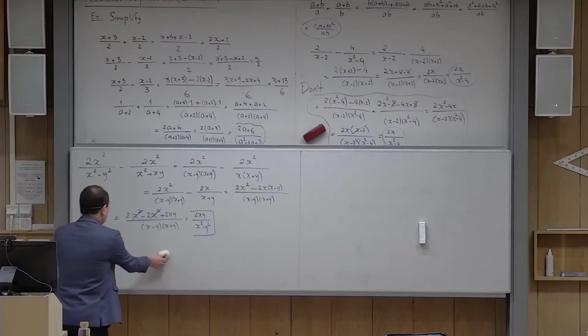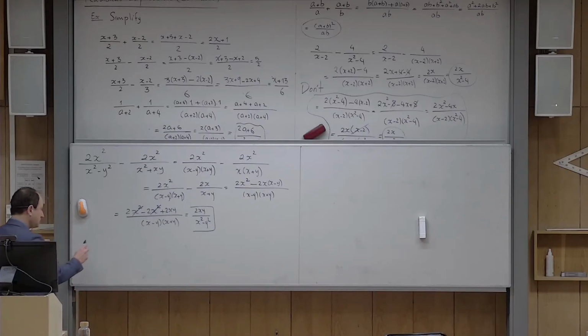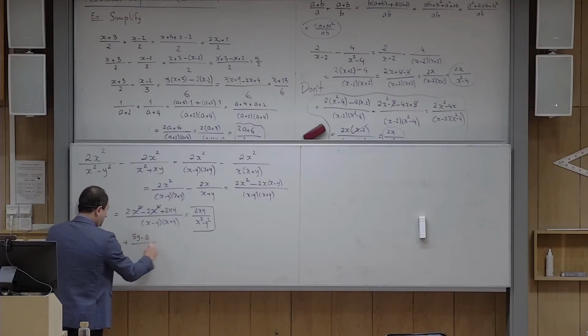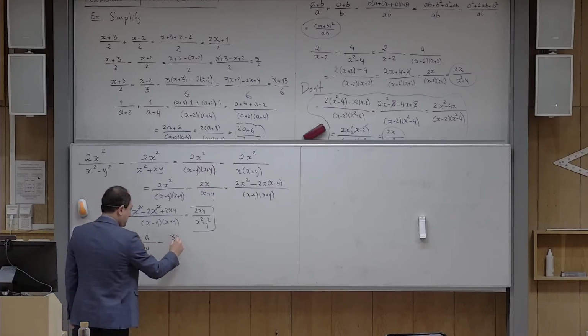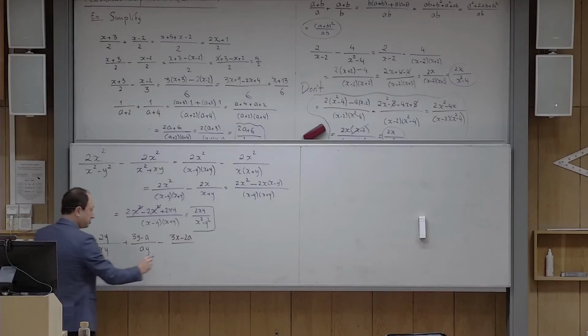I start also with simple ones. Okay, x minus 2y divided by xy, and then I have plus 3y minus a divided by ay, and then finally minus 3x minus 2a divided by ax.